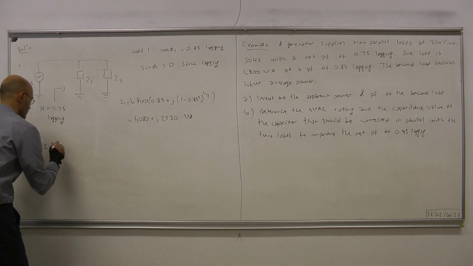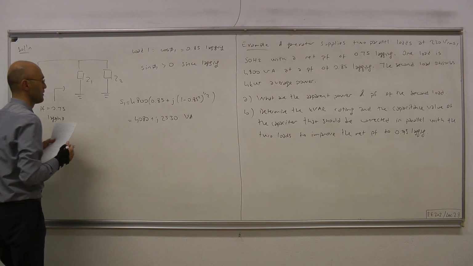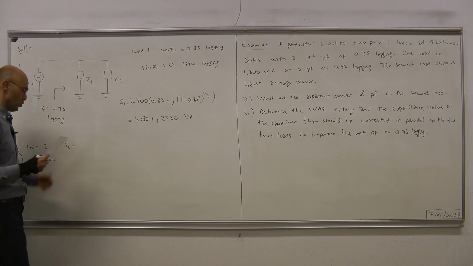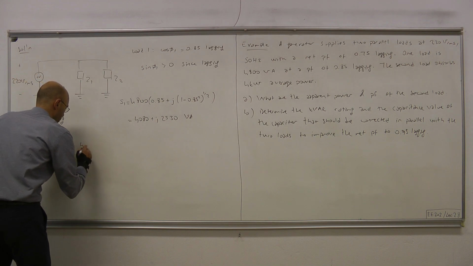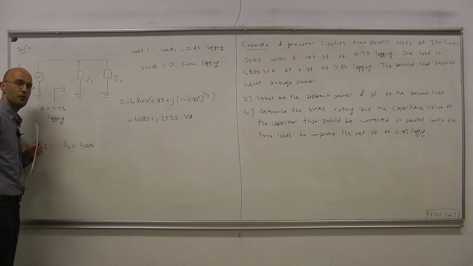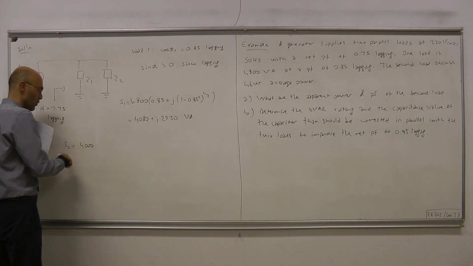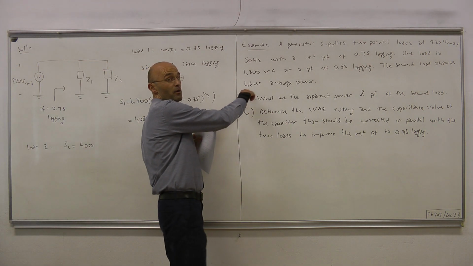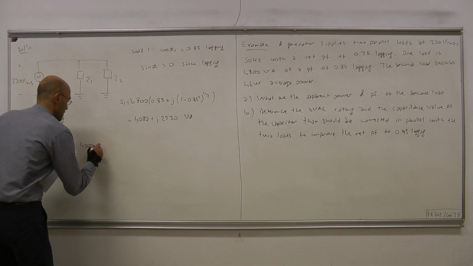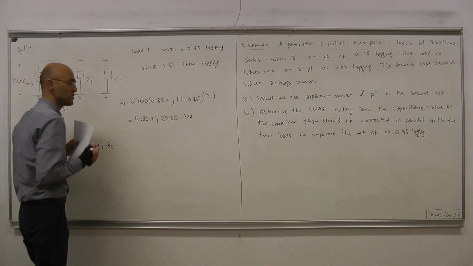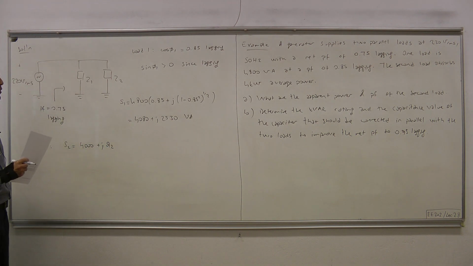So load 2, whose complex power we denote by S2, equals 4000, the real part of the complex power, which is the average power given as 4000 watts, plus j times the reactive power for the second load.